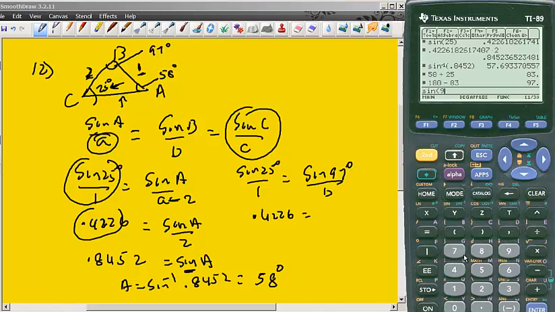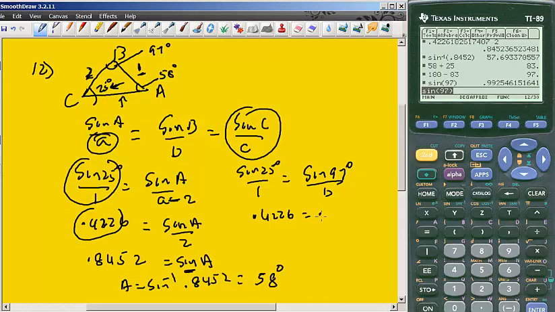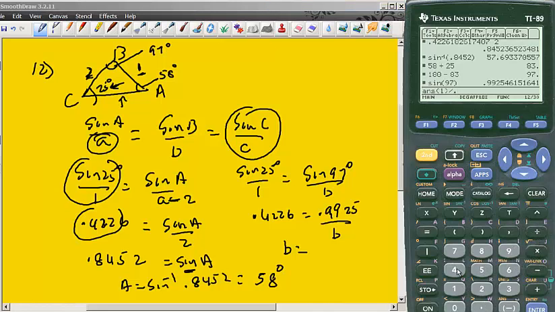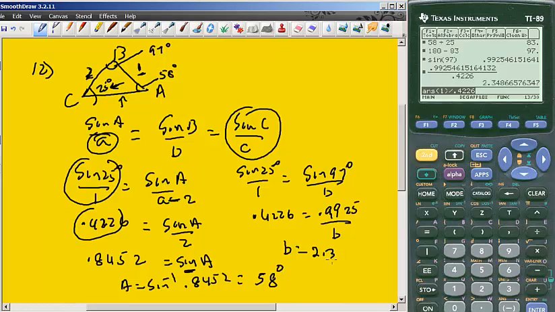Sine of 97 degrees, hit enter, turns out to be 0.9925 over b. So of course my b is going to be 0.9925 divided by 0.4226, and enter, and that turns out to be 2.3. So I found that to be 2.3.